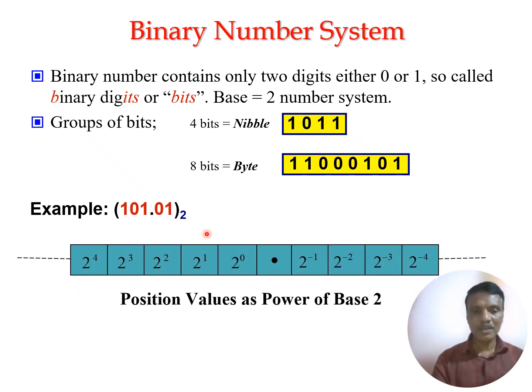And these are the position values, the weightage, like the previous decimal one, but instead we use the base value of the number system we are using. Here in the binary number system we use 2 power 0, 2 power 1, 2 power 2, and so on, from the left of the fractional point, and to the right 2 power minus 1, 2 power minus 2, like this.